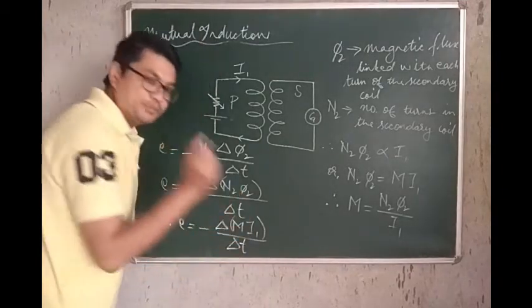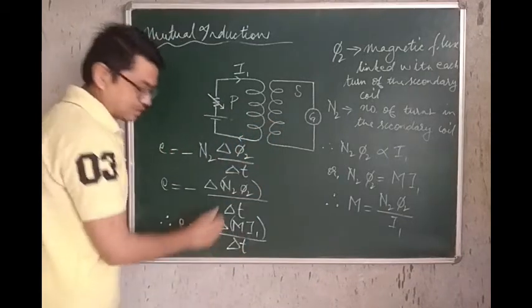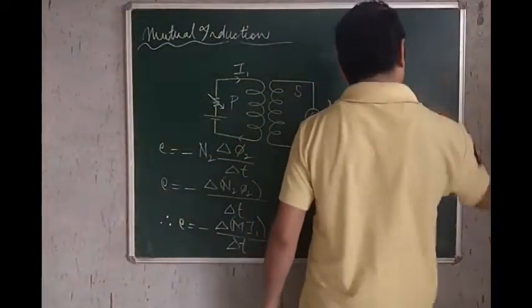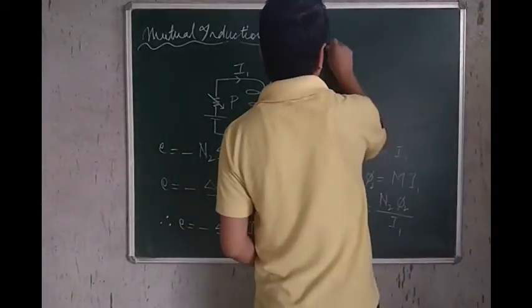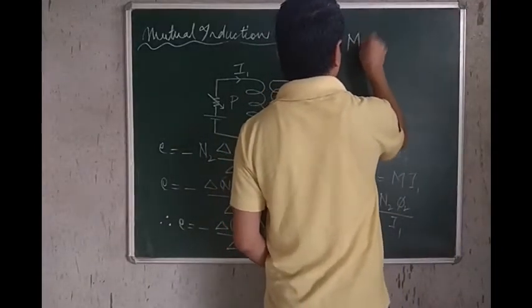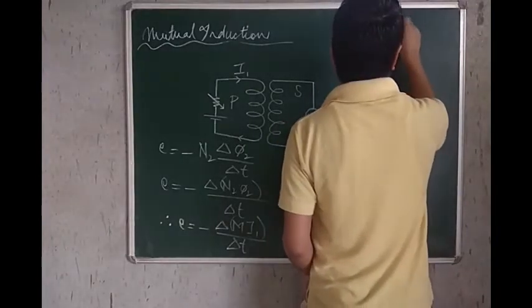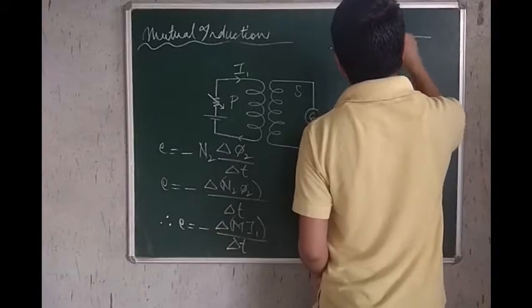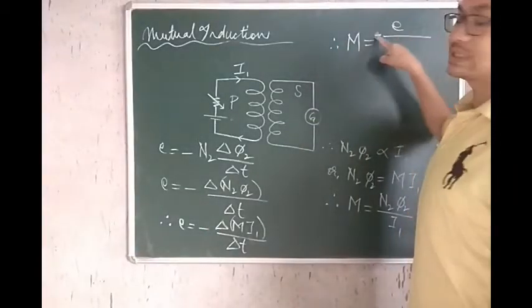Now M being a constant for a given pair of coils, M comes out of the delta sign. So let me do that over here. I hope you've copied these things. So therefore M can be defined to be simply E divided by delta I1 upon delta t. Of course there's a minus sign, but the minus sign is only telling us that it has more of a physical significance, mind you.